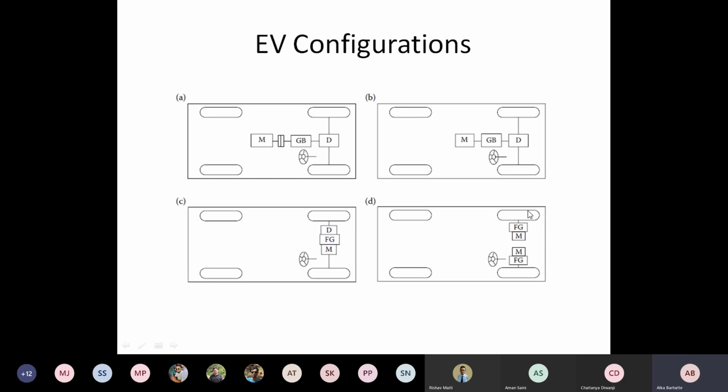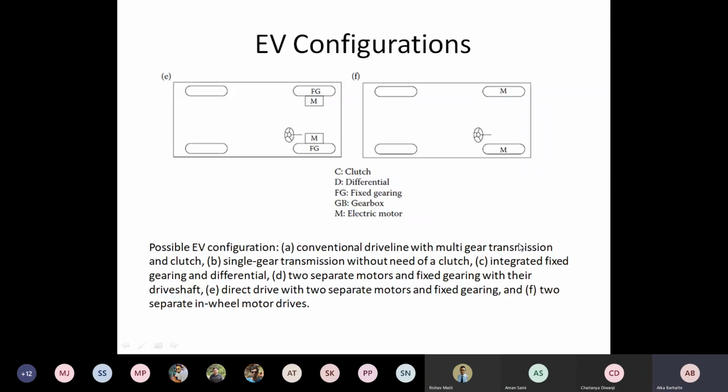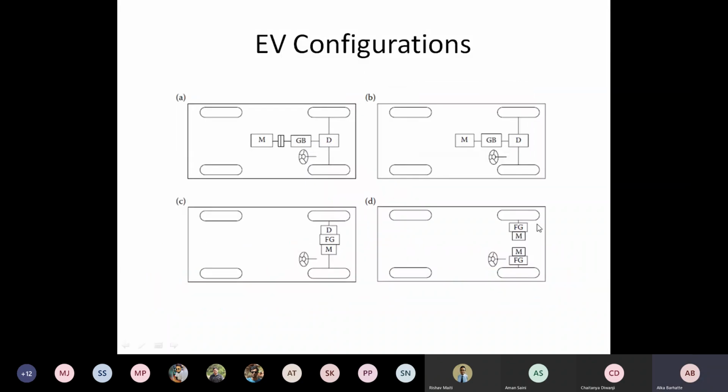Likewise we can control each wheel of the vehicle individually through different motors. Hence nowadays in electric vehicle architectures every wheel has a separate motor to drive that particular wheel at different speed. This is the modified version of this.